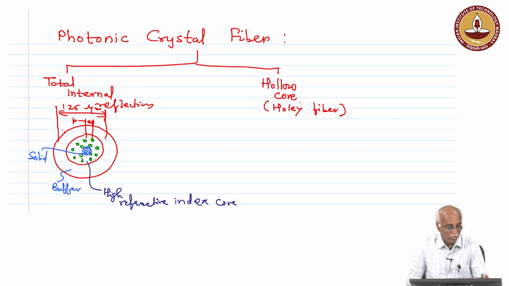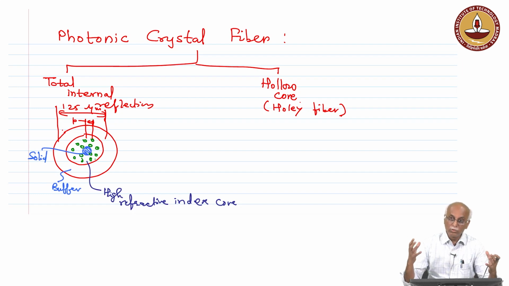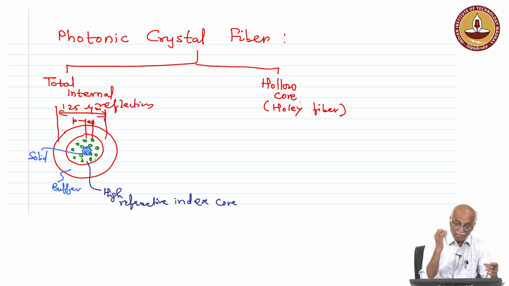So, the light remains confined to this. However, because of this type of characteristic, we can couple some part of the light. Let us say in an optical fiber I want to use one light beam acting as a pump source, and the center material is a gain medium.